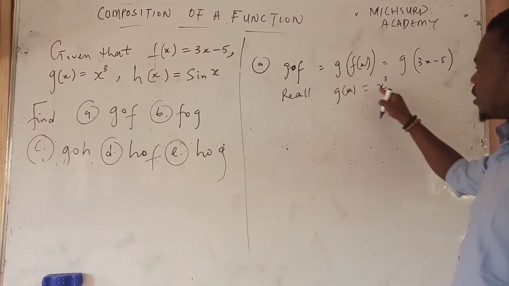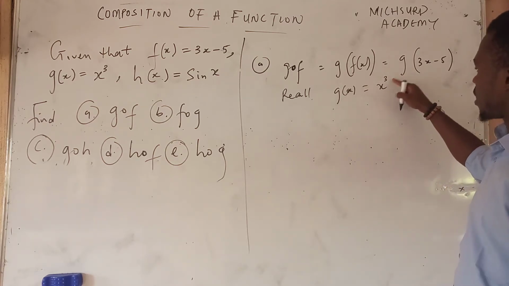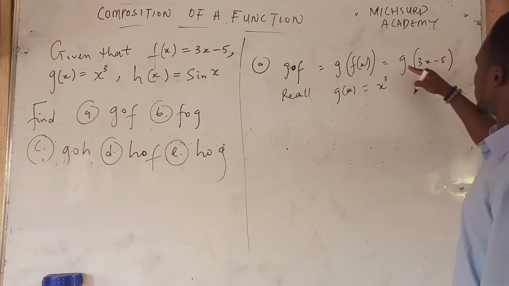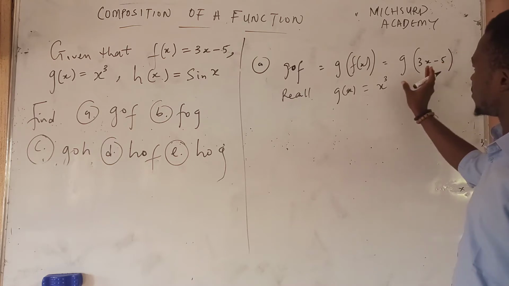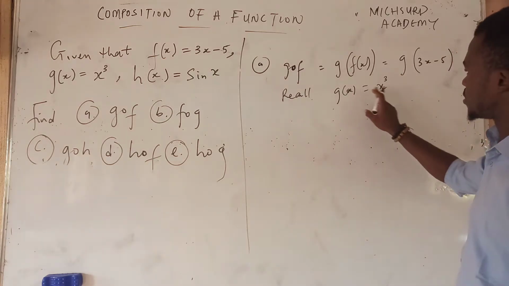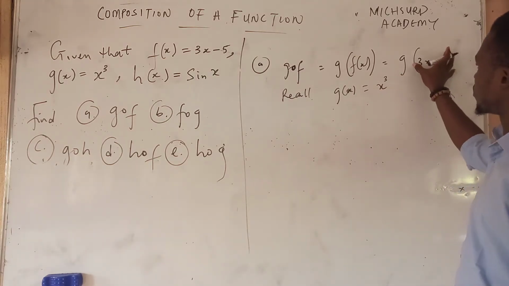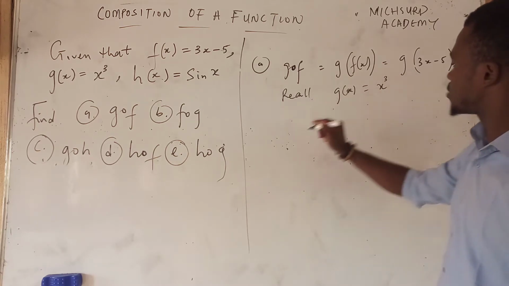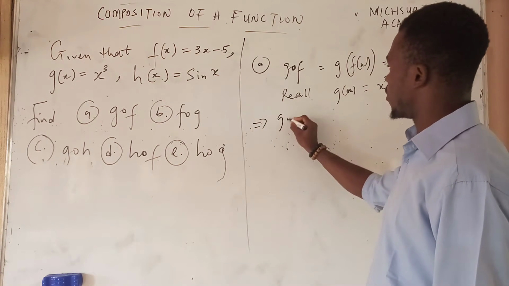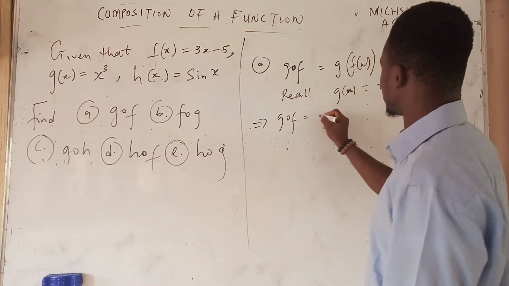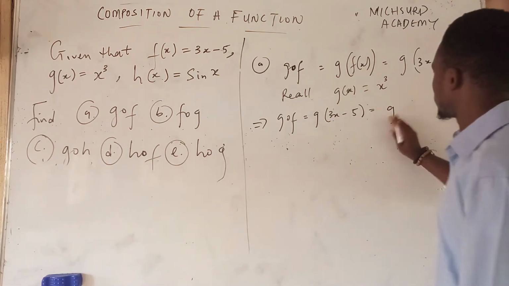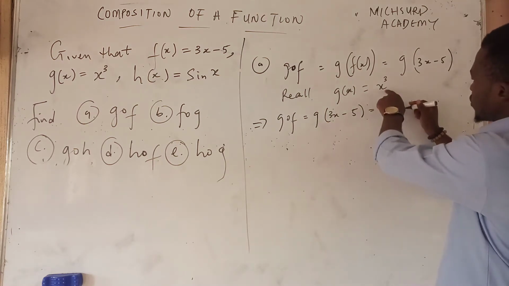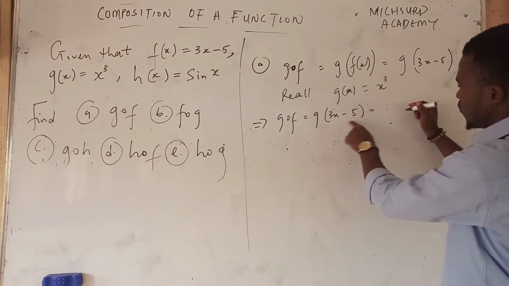x raised to the power 3. So if g of x is equal to x raised to the power 3, and now we are talking about g of 3x minus 5, it means that anywhere I see x here, I will put the whole function into it. That implies that g of 3x minus 5 will be equal to this function, where our x is everything that is here.